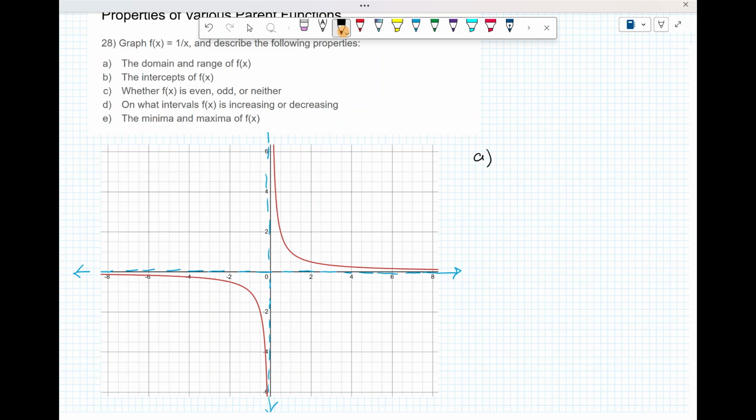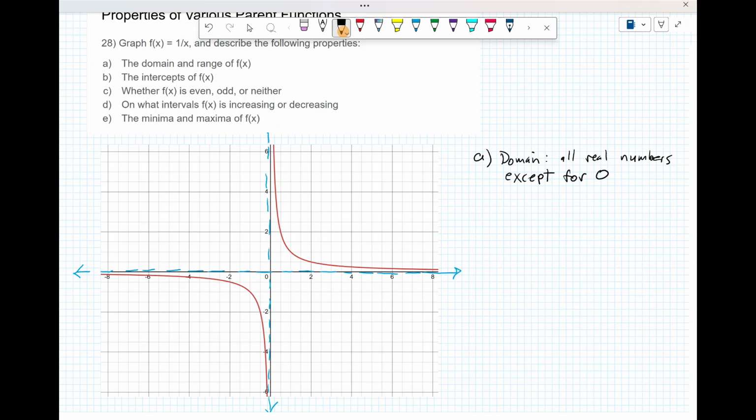So it's going to be all x. My domain will be all real numbers except for 0.